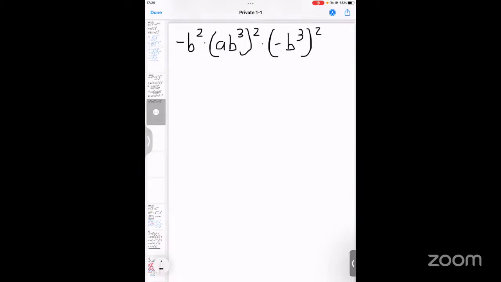Okay, maybe let me start with this one, Langelihle. So the best thing to do is to just remember that that negative one is going to give us problems. So let's rather make it an invisible one there. So now we are only concentrating on where we are having the brackets.